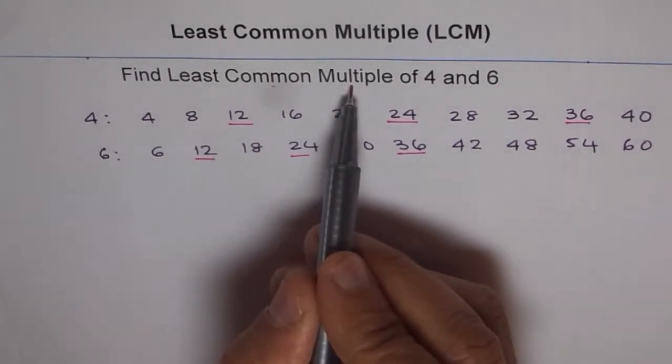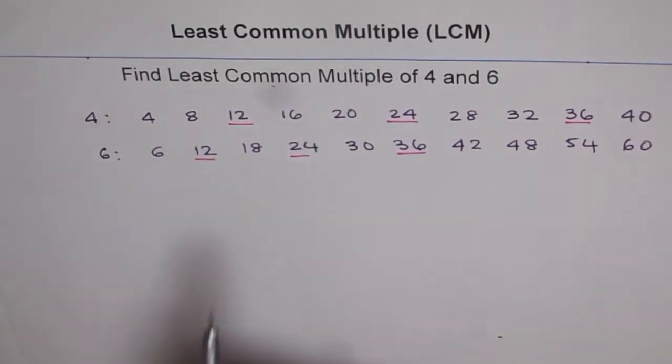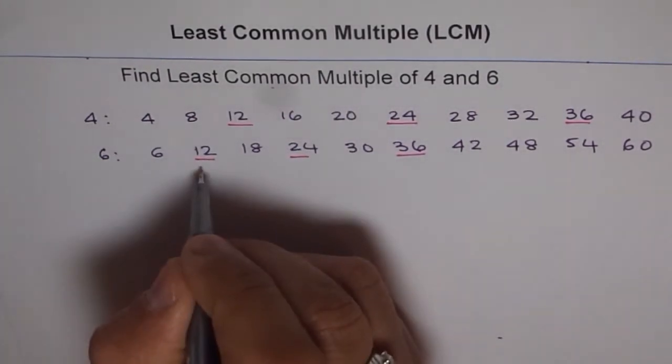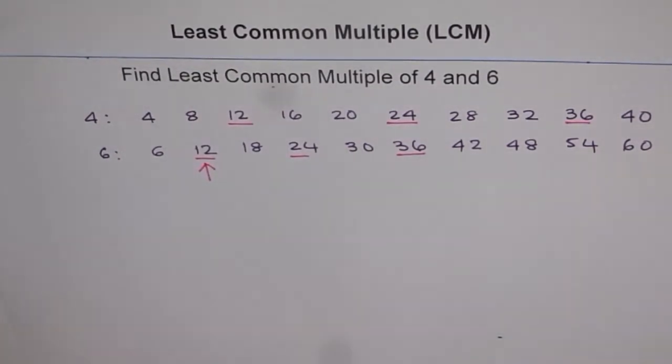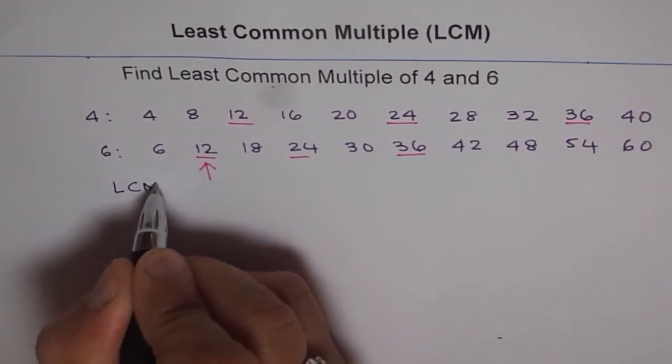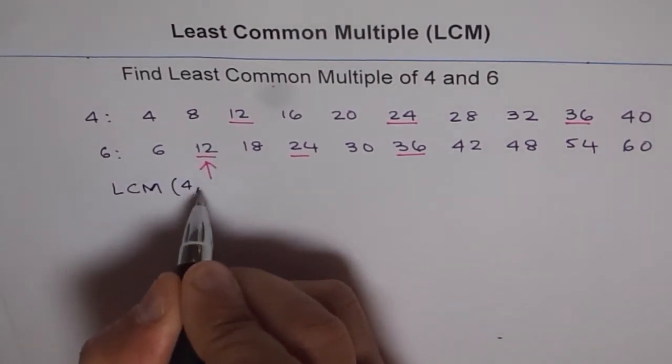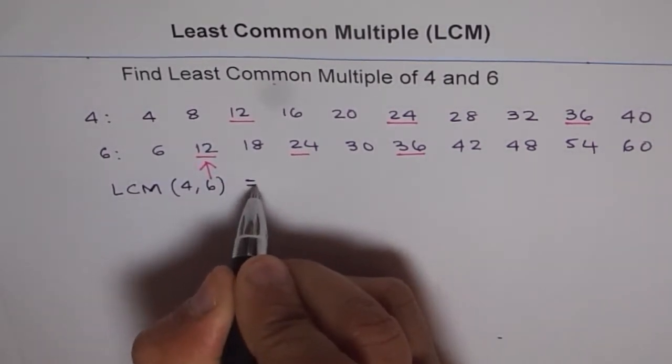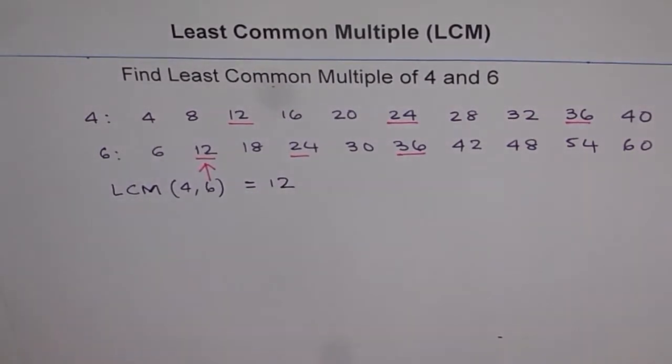Least common multiple, as the name suggests, which one is the least out of these? So the least is 12, and therefore our answer is that the least common multiple of numbers 4 and 6 is equal to 12. So this is one way of finding the least common multiple between two numbers.